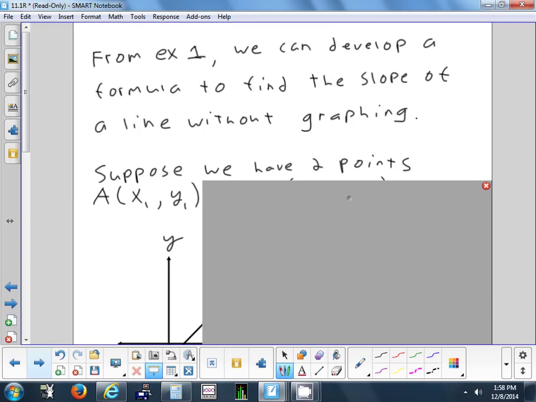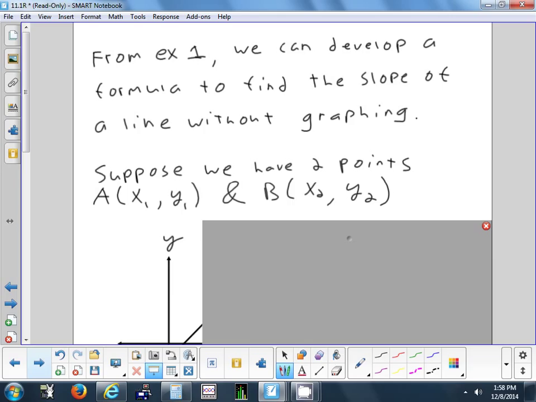This little 1 that's written down a little bit lower, all that means is this is my first x value that I'm going to use and my first y value. For my other point, notice I have the 2's. All this means is it's my second x value and my second y value.